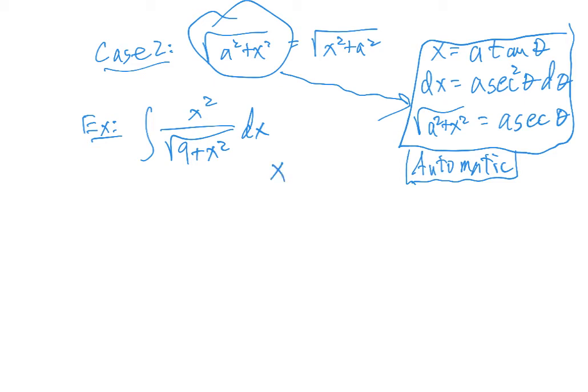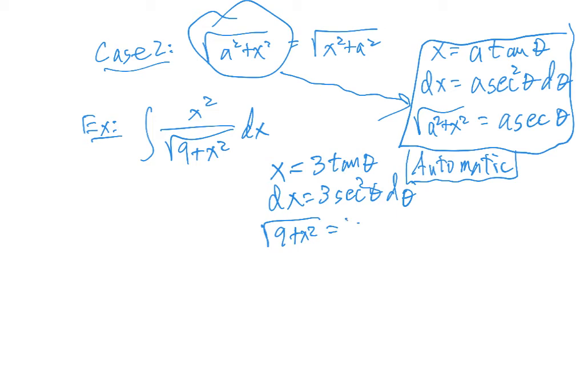We're going to replace x with 3 tangent theta, and that makes the differential 3 secant squared theta d theta, and it makes the radical 3 secant theta, thanks to the Pythagorean identity, which we didn't derive, but you'll trust me.